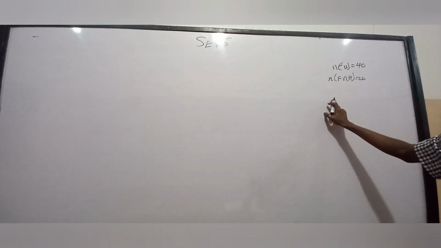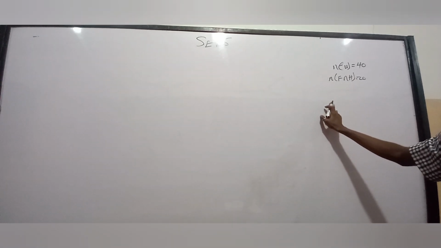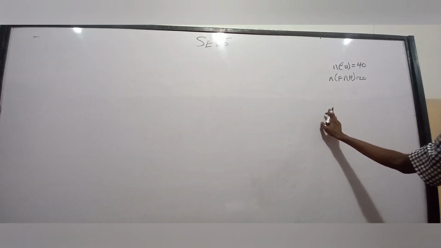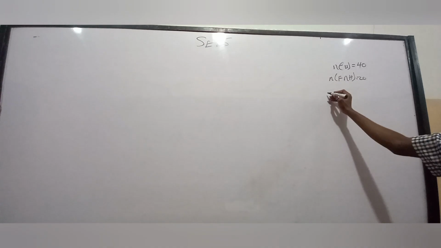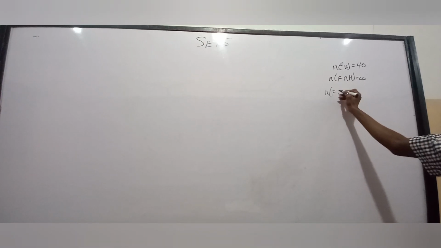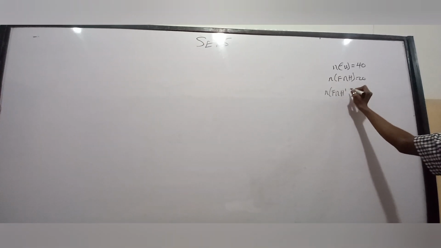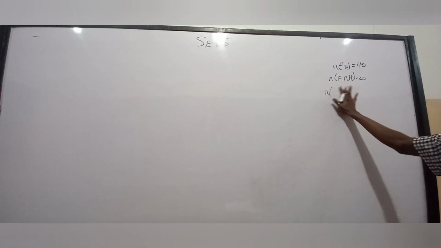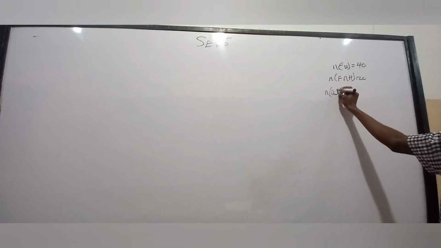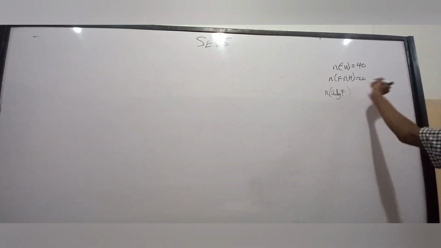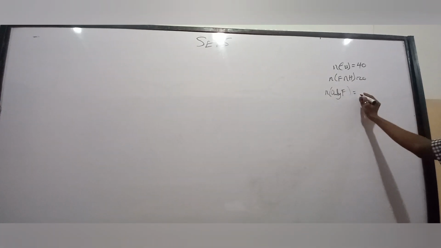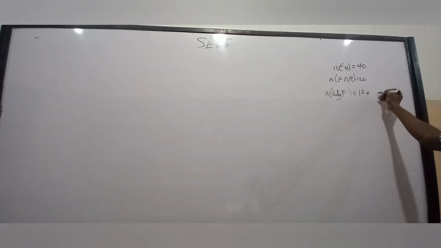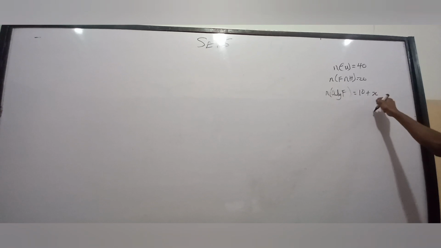And the number of students who study only French, you can denote it by French intersection history prime. So not history, only French. Or better still, you can say only French is equal to 10 more than history. So 10 plus history. So we are denoting history by X.